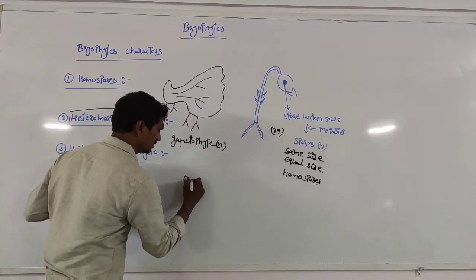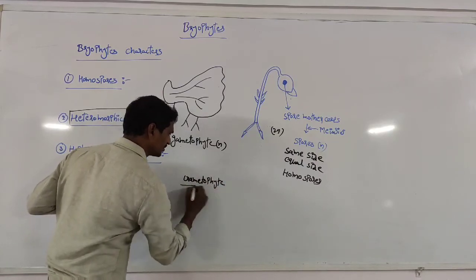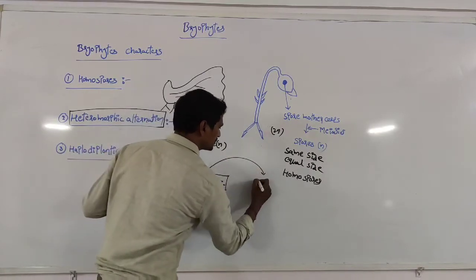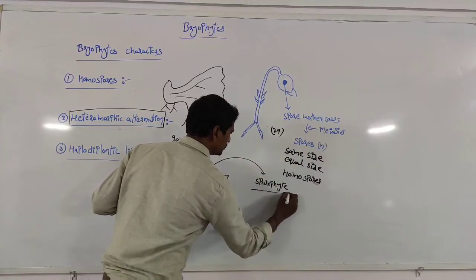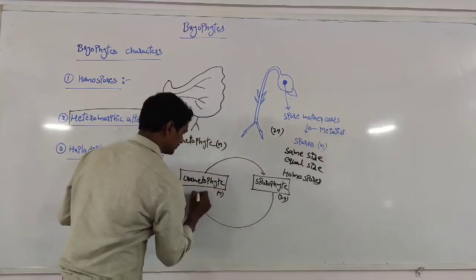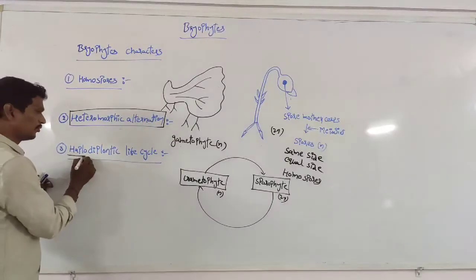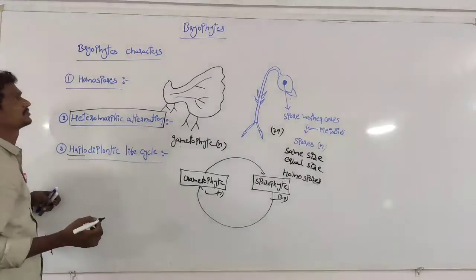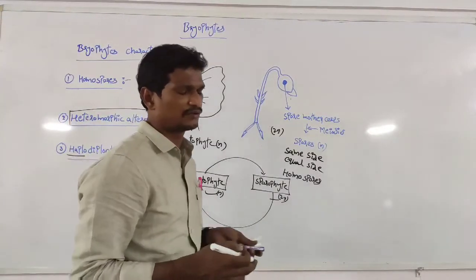The very first one is the gametophyte, which is n, and the next stage is the sporophyte, which is 2n. So the life cycle has a haplodiploidic pattern. This is about the major characteristic features of the bryophytes.